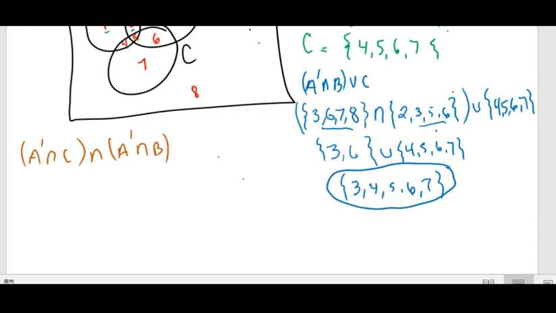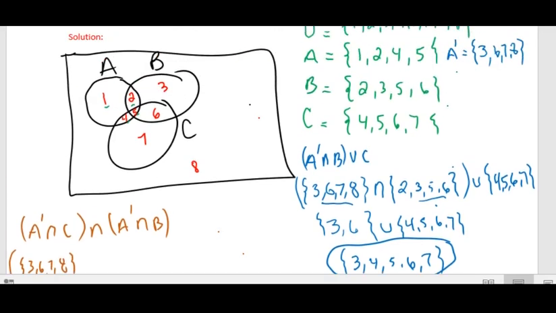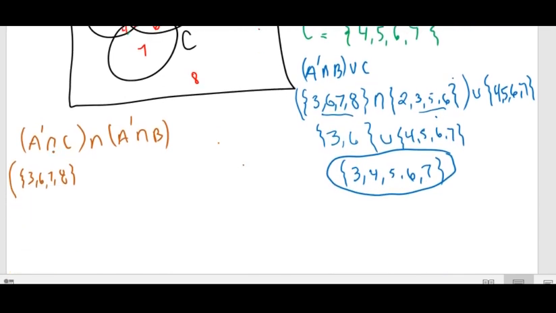Again, we can take each part and write it out. For my first part, A complement is 3, 6, 7, and 8, and we got that from over here. Then I have my symbol for intersection.